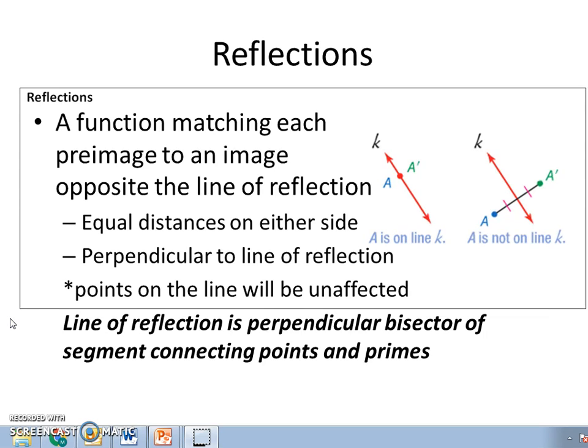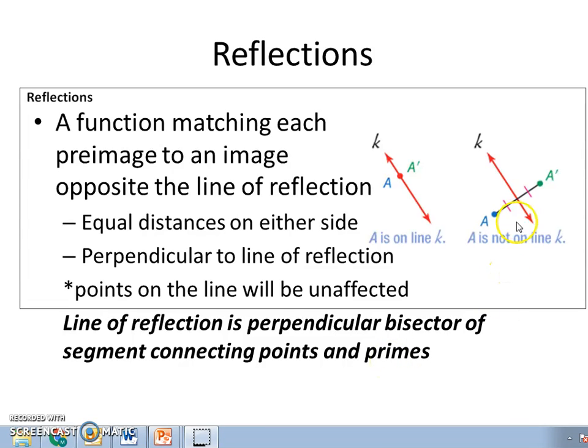The points on the line of reflection, as you can see, like this red point here, are unaffected by the reflection. What's really the most important is that the line of reflection is the perpendicular bisector of the segment connecting points and primes.